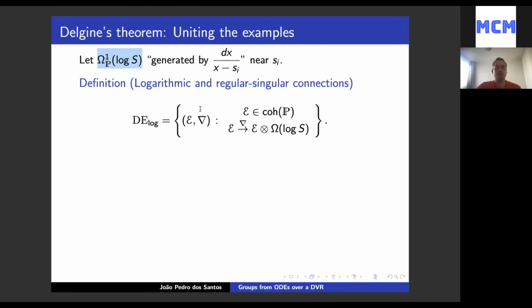So I introduced this category, and I introduced the category of regular singular differential equations, which is those differential equations, as before, which have some model that can be given a logarithmic model. So these are the DEs as defined previously, for which there is some logarithmic model which induces it.